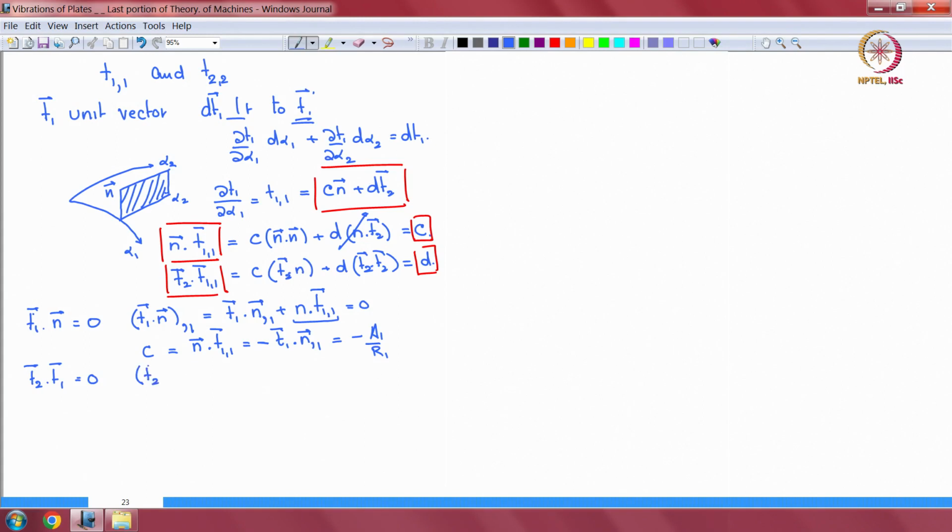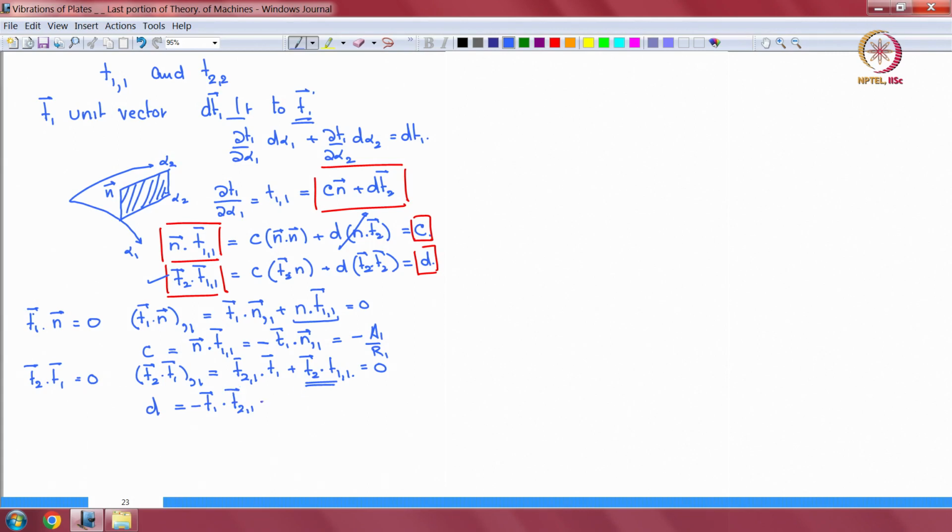So, T2 dotted with T1,1 is equal to T2,1 dotted with T1 plus T2 dotted with T1,1, and this is my D. So, my D now is equal to minus T1 dotted with T2,1. This T2,1 is the new T2,1.